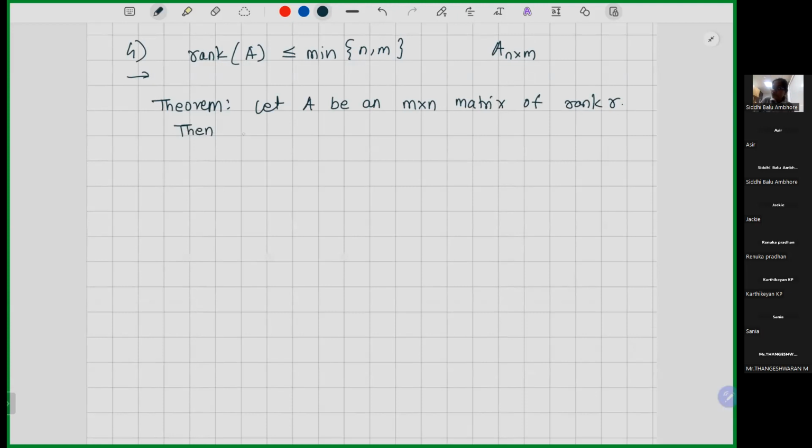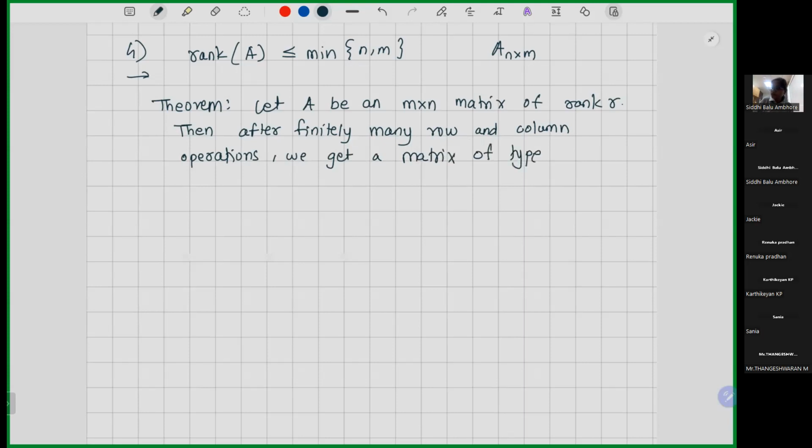Then after finitely many row and/or column operations, we get a matrix of the type I_R.